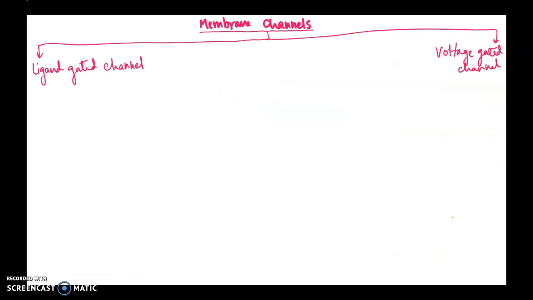Alright, so let's talk a little bit more about membrane channels. We have ligand-gated channels, remember lock and key for your front door, and then we have voltage-gated channels, your garage door.